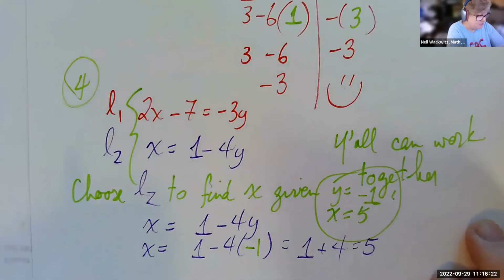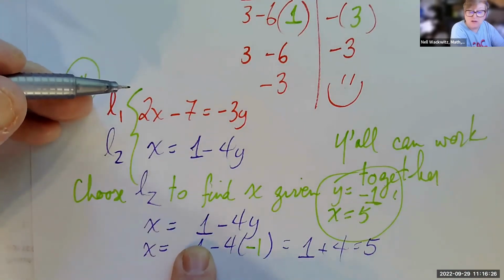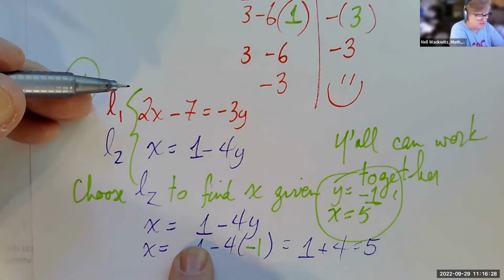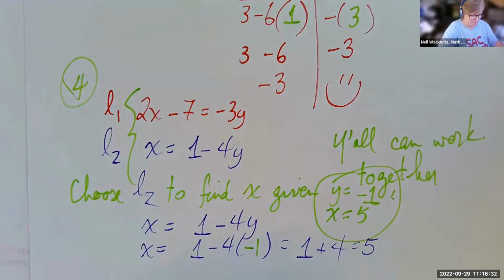We're going to go back to the original equations. Since we chose line 2 to find x given y, we have to choose line 1 to check.